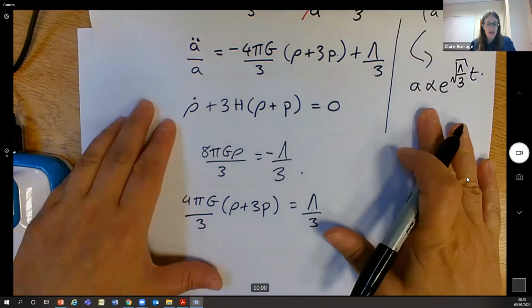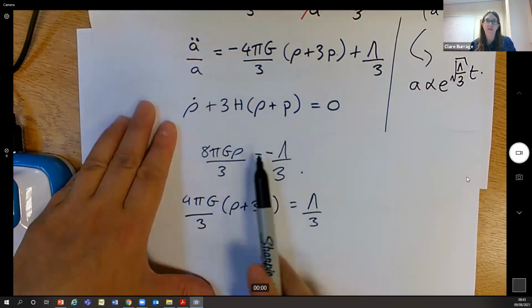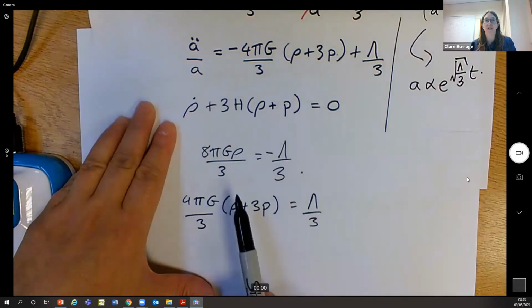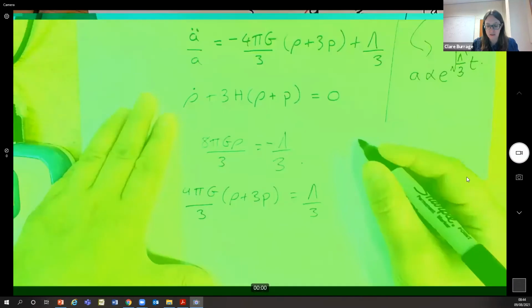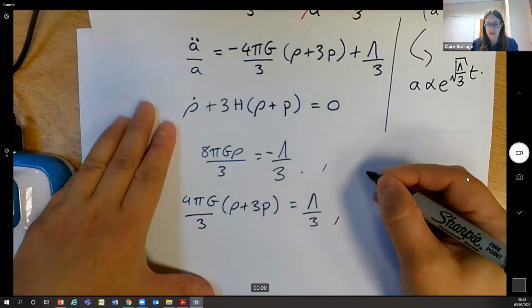Right, so we were saying, what does matter need to do to mimic the cosmological constant? We have rho as a constant, so for our continuity equation to be satisfied, we need rho is equal to minus p.